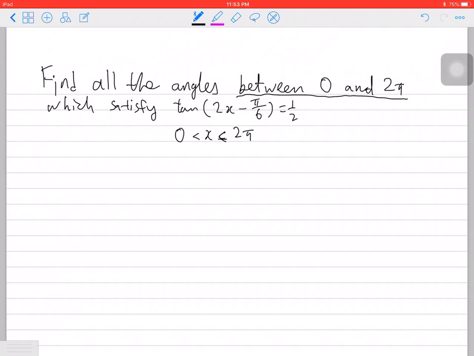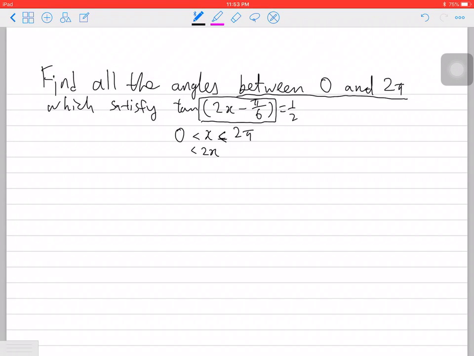And for our case, our question, the angle that hypo has rotated is 2x minus pi over 6. So because of this, our range, or the range that the hypo has rotated, has to change. So let's change the range first.